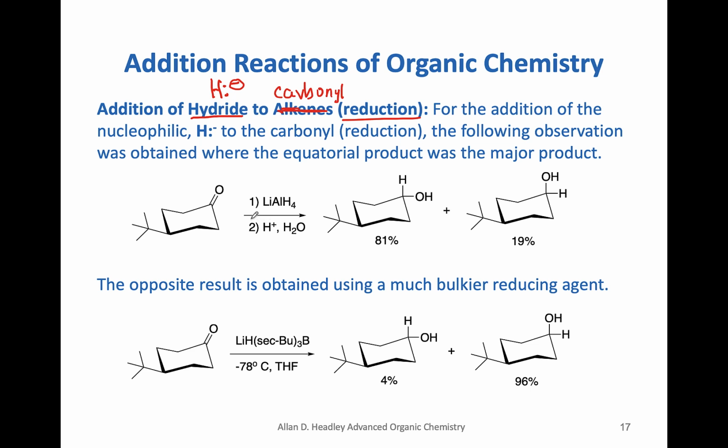Let's see if we can explain this. Here we have lithium aluminum hydride, which, as you will recall, supplies H minus, the hydride ion. This is the electrophilic end, so you'd expect it to bond here, and the electrons go up, just as we did for the organometallics.